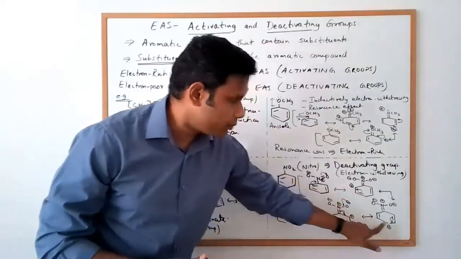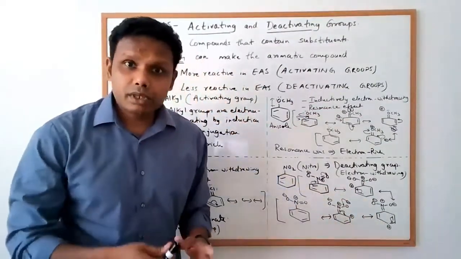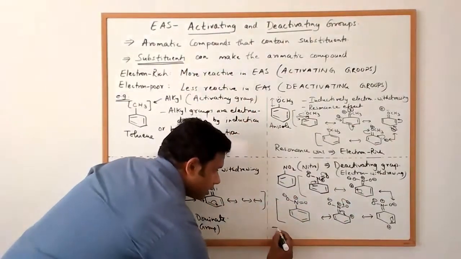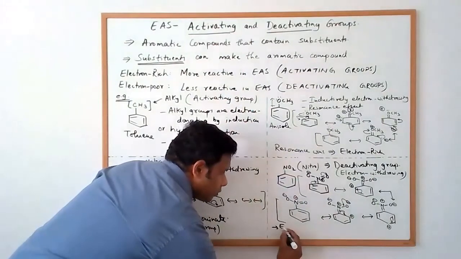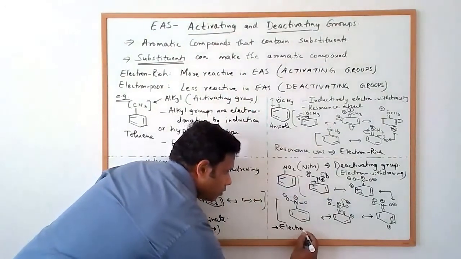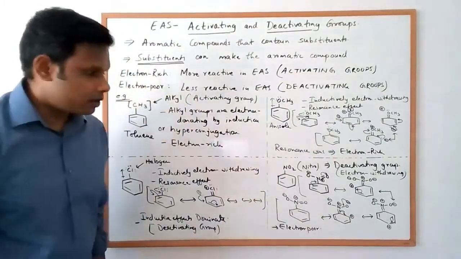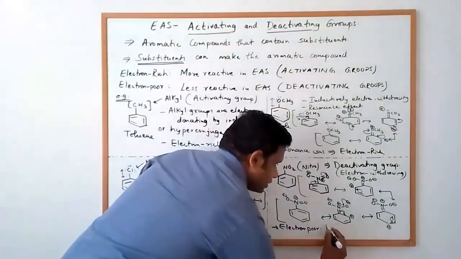So there's a formal positive charge that is developing on the benzene ring, which basically signifies that the ring is electron poor, which means this is a deactivating group.